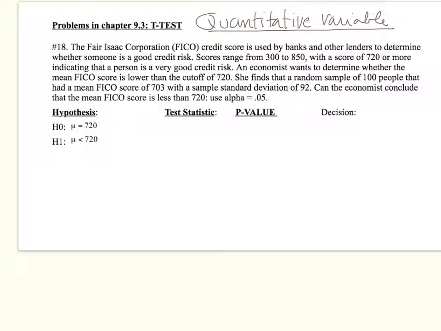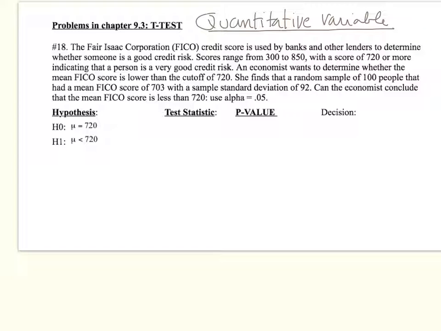She finds that a random sample of 100 people had a mean FICO score of 703 with a sample standard deviation of 92. Can the economist conclude that the mean FICO score is less than 720? Use alpha equal to 0.05.